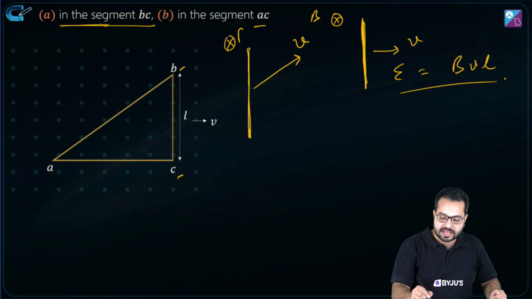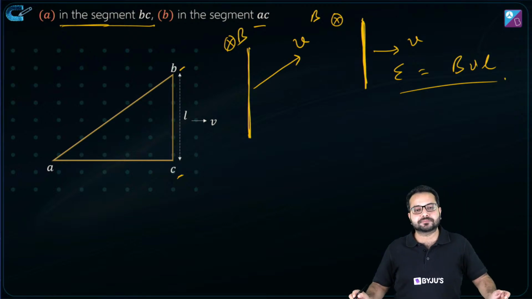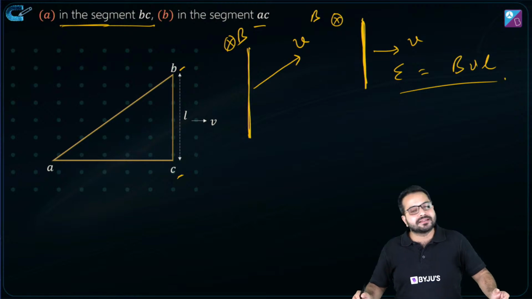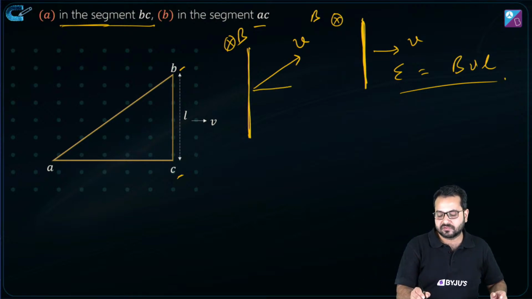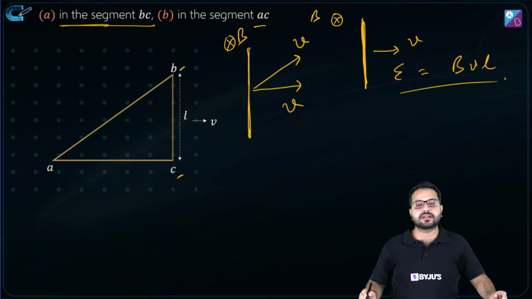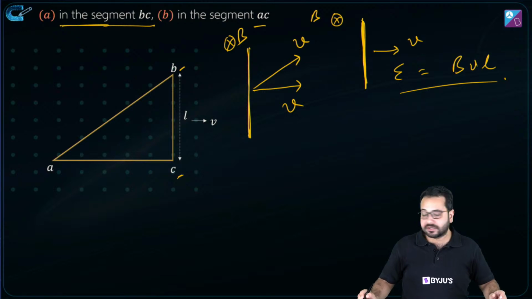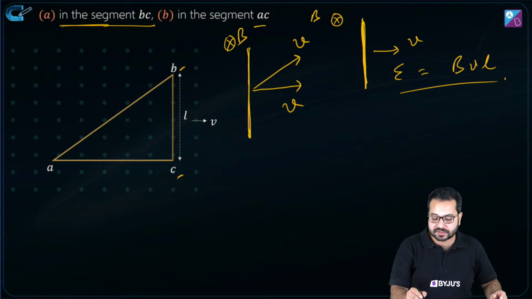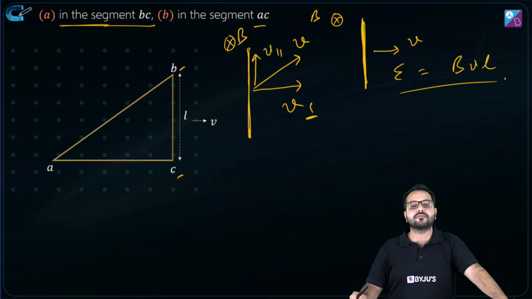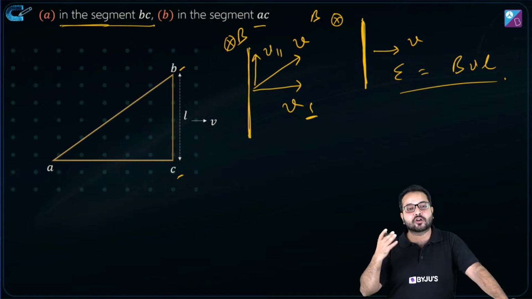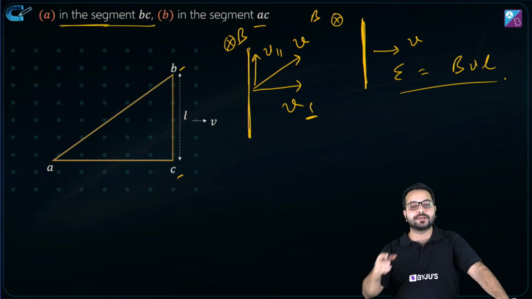Now in a situation where the magnetic field and the length are perpendicular, but the velocity makes some angle with the length, what happens? We break down the velocity into two components, V perpendicular and V parallel. V perpendicular means the component of velocity perpendicular to the length.